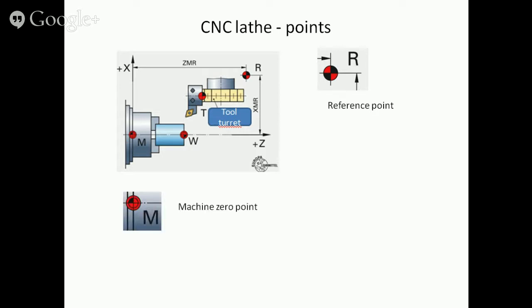Point M is the machine 0 point. It is a fixed point situated at the spindle face. Its graphic symbol is 2 concentric circles, also divided into 4 segments: 9 to 12 o'clock black, the rest red, or usually as in books or on drawings and diagrams, white.